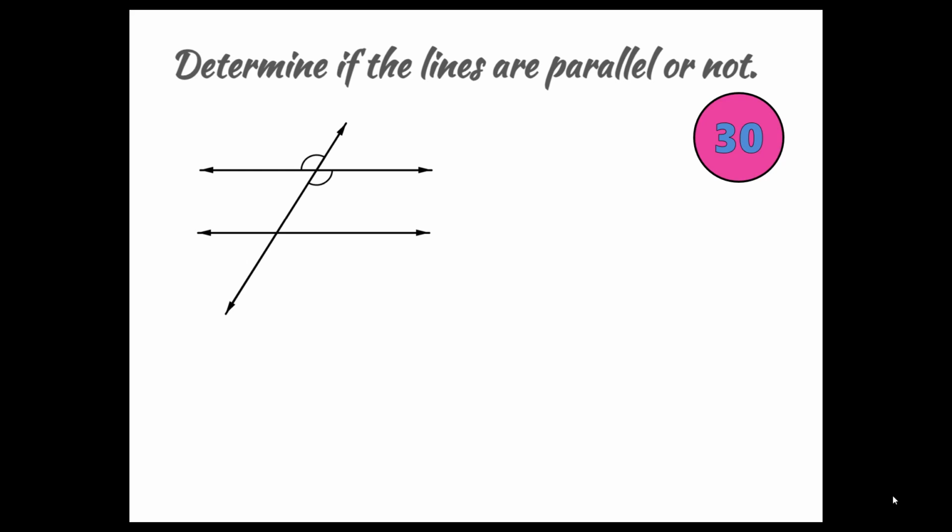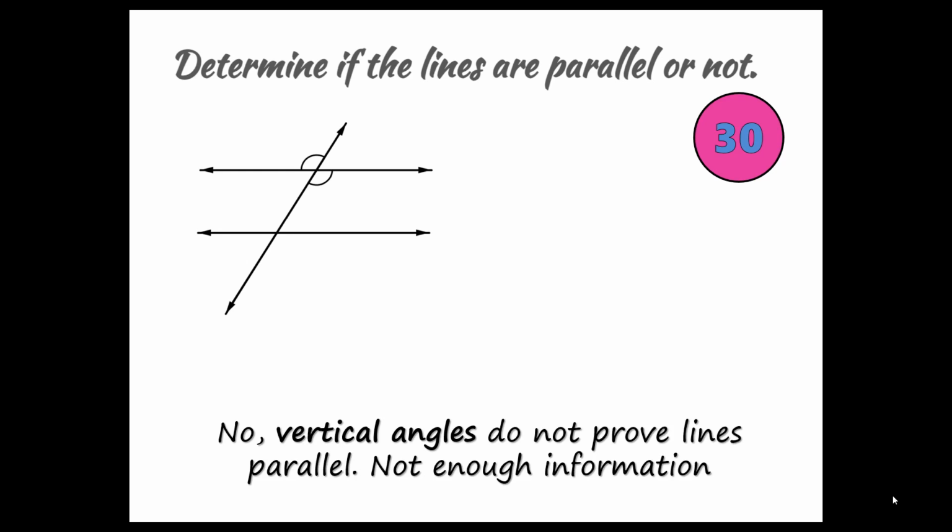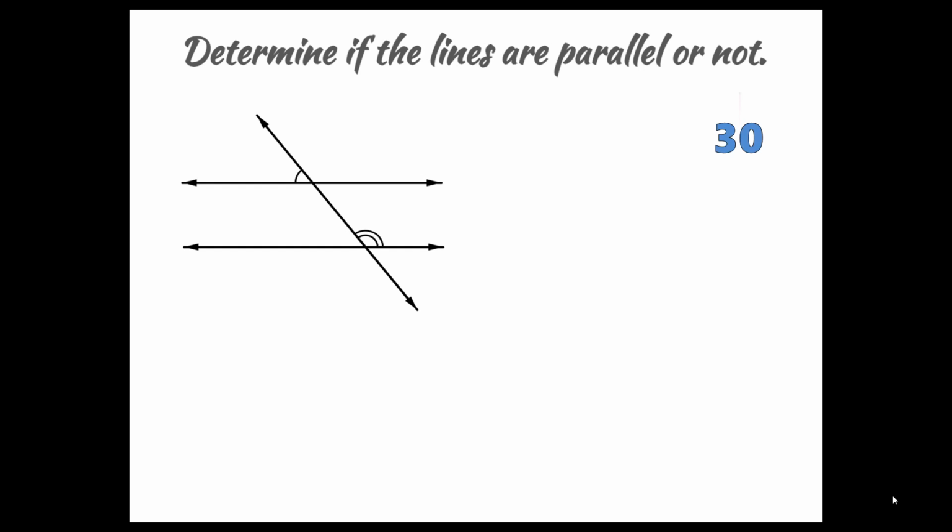All right, in this case, we have vertical angles, and vertical angles do not help us prove lines parallel. We can't relocate any more information. That's all we have. So it's not enough information to tell if the two lines are parallel or not. So again, vertical angles and linear pair do not really help me prove my lines parallel. Right, next example.